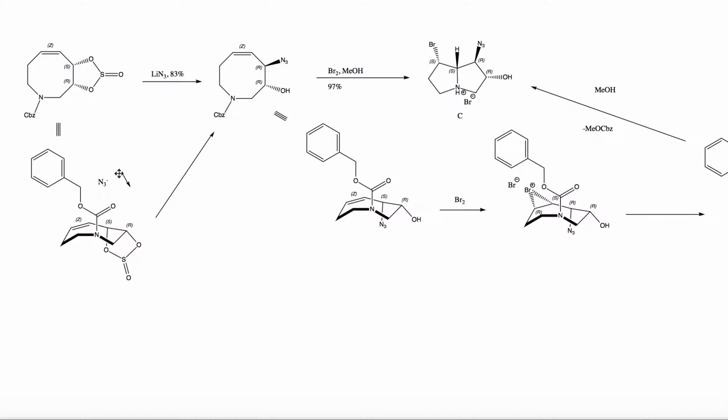And if you think about why it's more sterically hindered, well, if you remember from your introductory chemistry courses, the azide molecule needs to attack 107 degrees to this oxygen molecule here, which means it would need to attack from basically where this carbamate protecting group is sitting.